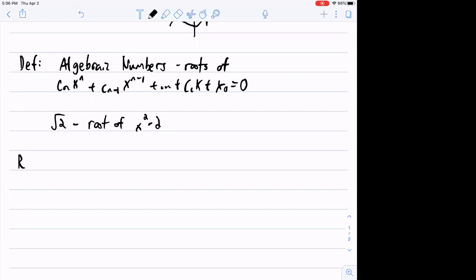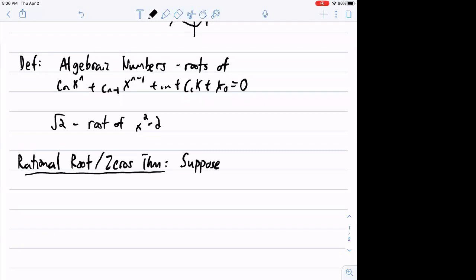Here comes the rational root theorem. I call it roots or zeros; I don't know what the book calls it. They mean the same thing: a root is a zero of a polynomial. Suppose c_0 to c_n are in Z and r is in Q and satisfy the polynomial equation.